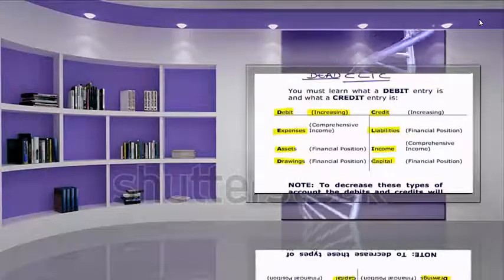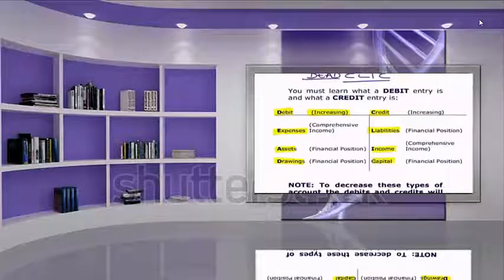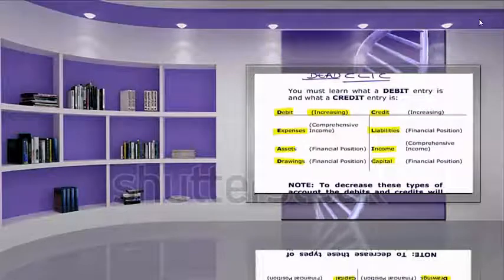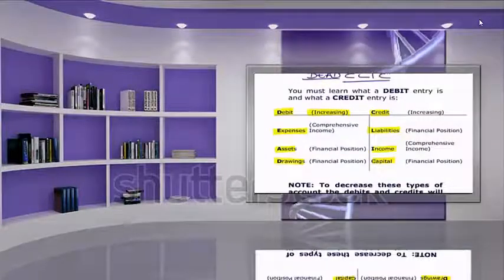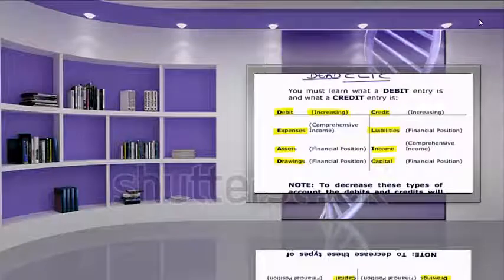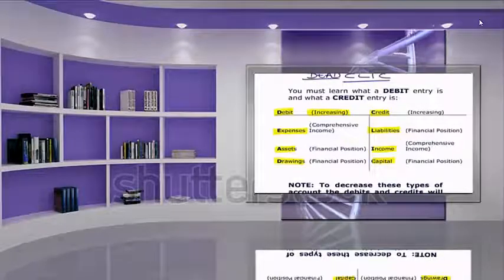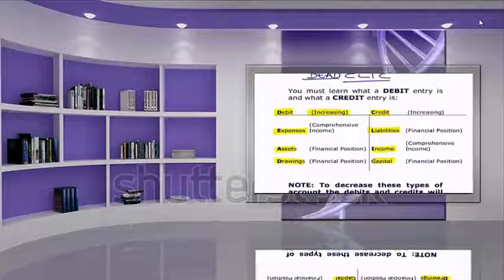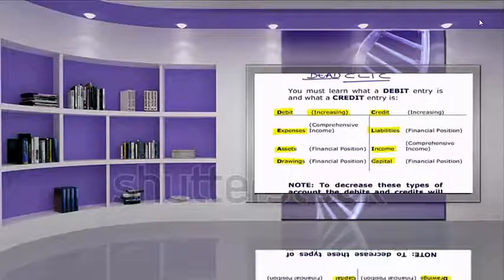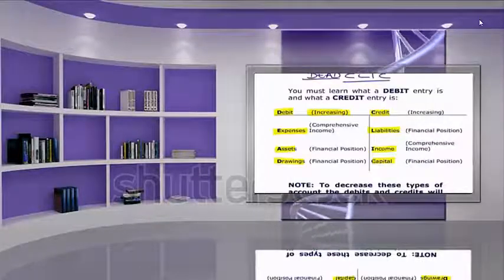So with liabilities, remember that they appear in the statement of financial position, everything that the business owes. Income appears in your statement of comprehensive income. Effectively, it increases your profits.